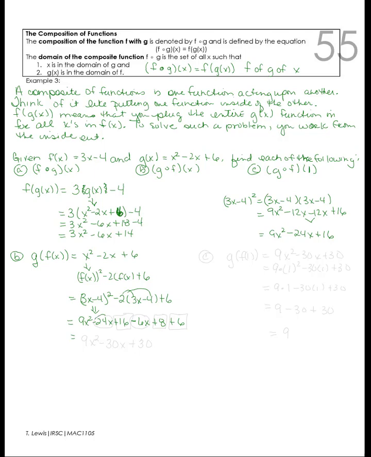I see some: we have the minus 24x and the minus 6x. So we have here 9x squared minus 30x. Then we're going to add 16, 8 and 6, and that gives us 30. Okay. So that is g of f of x.